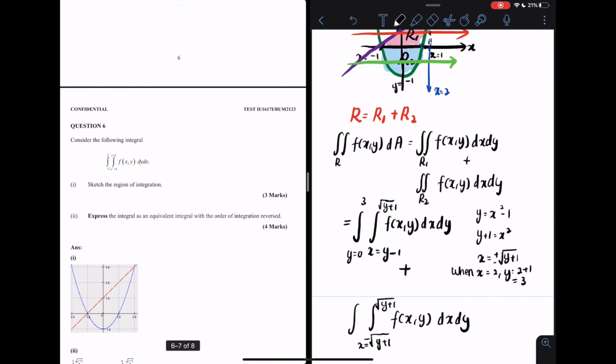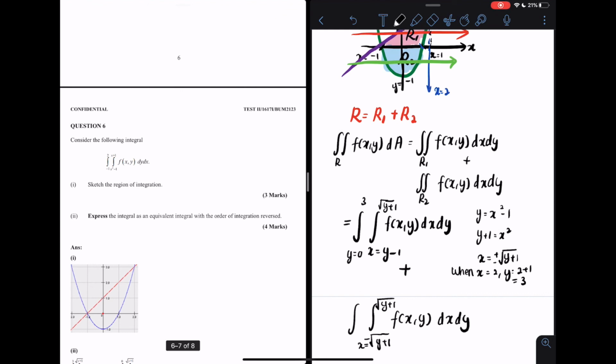I have to determine limits with respect to variable y. Since we know already from y is equal to x squared minus 1, the vertex is at y is equal to negative 1 and x is equal to 0.